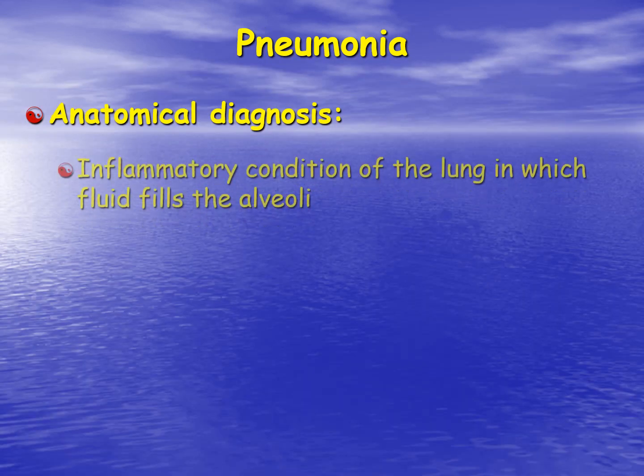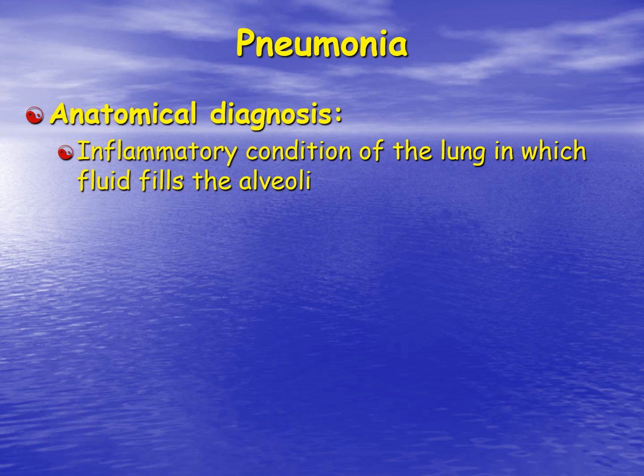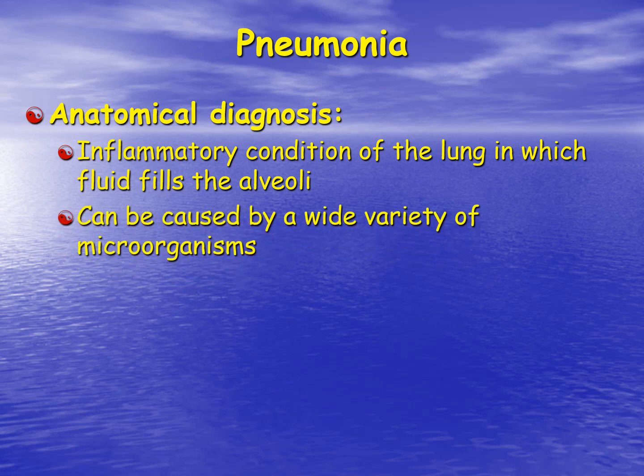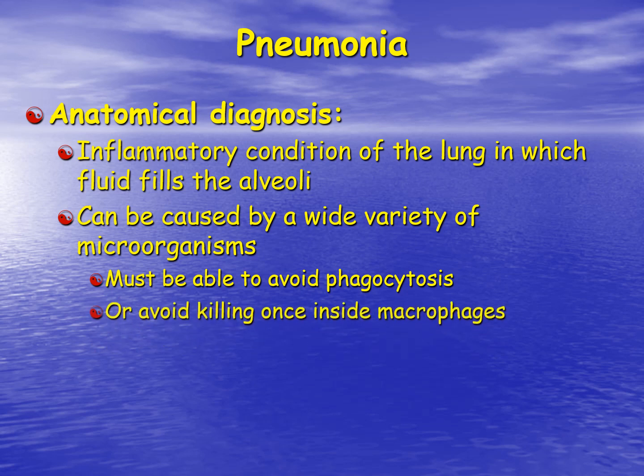Now, pneumonia. What is pneumonia? Well, it is inflammation in the lungs which causes fluids to fill the alveoli. That's caused by a wide variety of microorganisms, both viral, fungal, and bacterial. These organisms that cause pneumonia have to avoid phagocytosis by the alveolar phagocytes, or at least avoid destruction within the phagocyte.